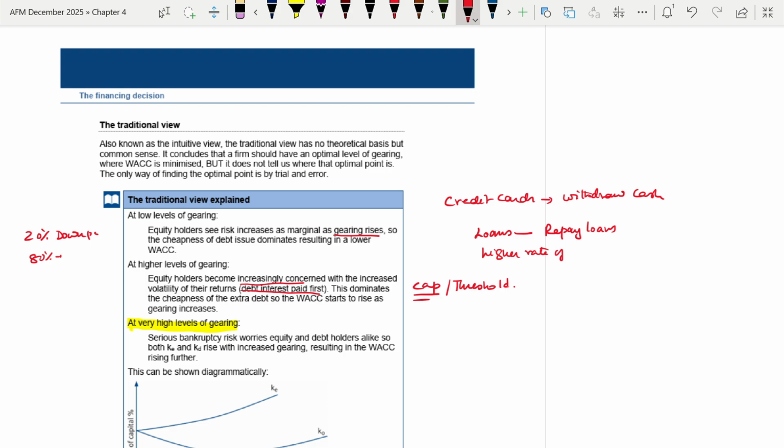In banking you will calculate one formula which is called a debt burden ratio. Which ratio is this? The debt service coverage ratio.